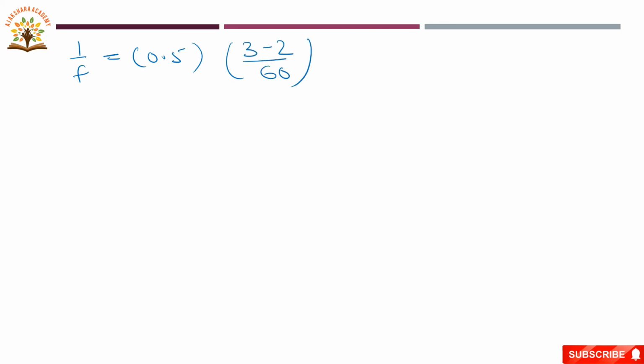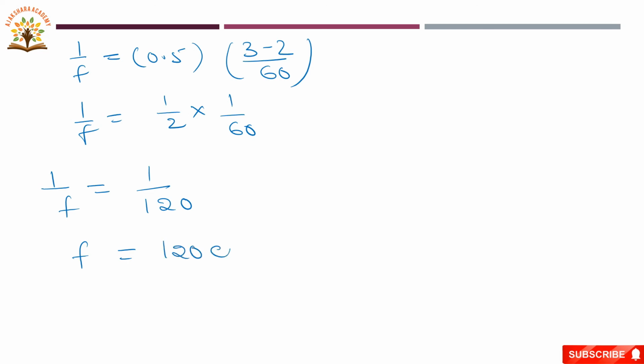So 1 by f is equal to, 0.5 can be written as 1 by 2, into 1 by 60. So 1 by f is equal to 1 by 120. So from this, the focal length is 120 centimeter. Therefore, the focal length of the lens f is 120 centimeter.